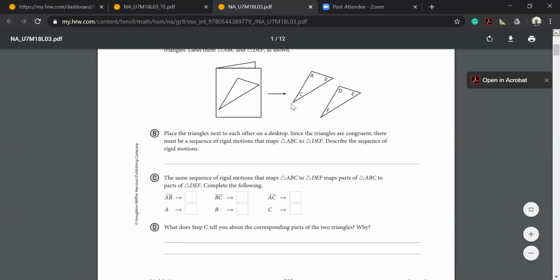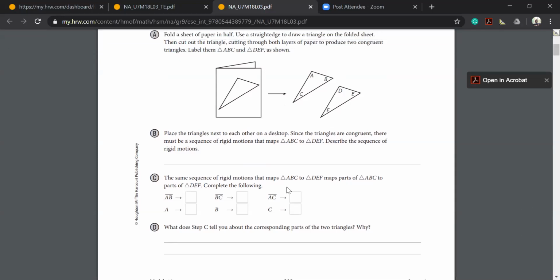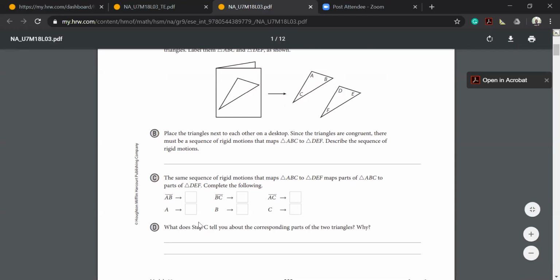The same thing is happening for the measures, I mean for the lengths, for AC, for AB, and for BC. In other words, since triangle ABC is congruent to triangle DEF, each part in triangle ABC is congruent to each part in triangle DEF, which means I can write AB will map to DE.